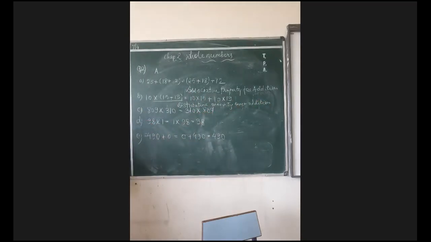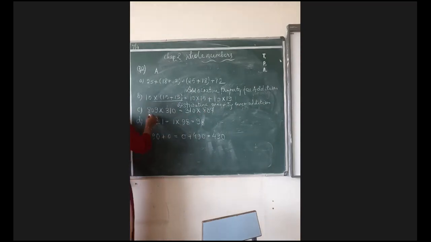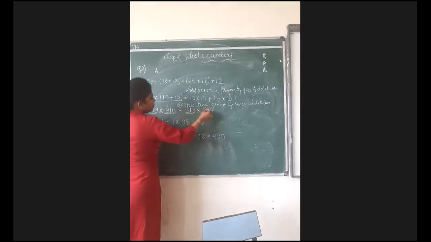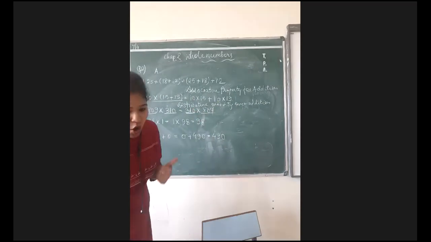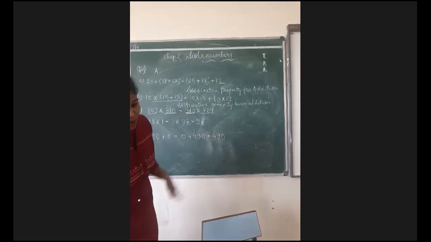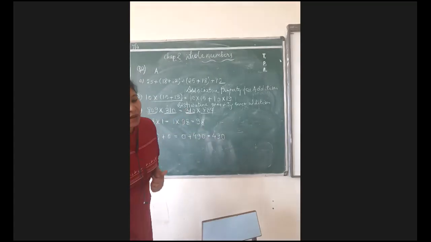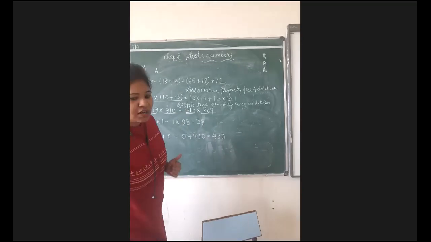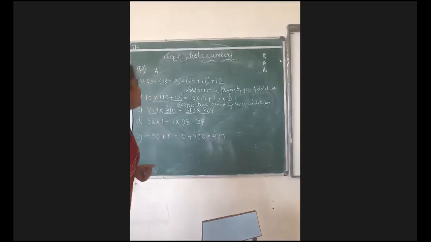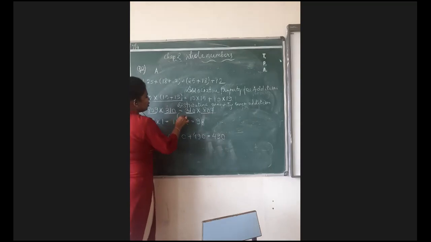Now the third one. If you see the third one, 809 multiplied by 310, in other words 310 multiplied by 809, it means the order is changed in multiplication. So remember, the property says that you can multiply numbers in any order, and the answer will not be affected. So this property is commutative property.